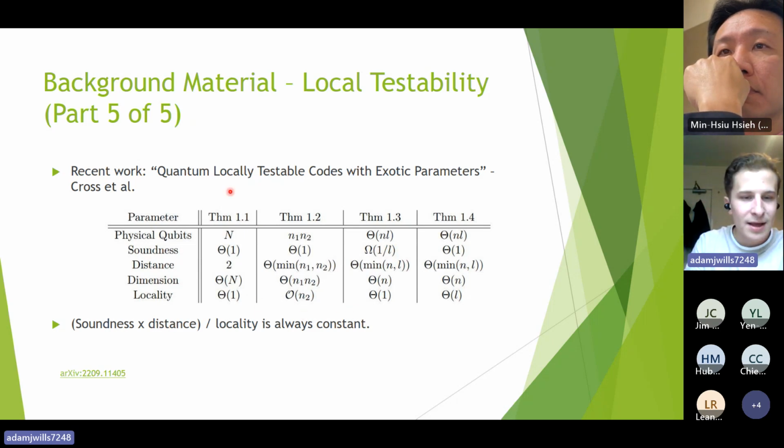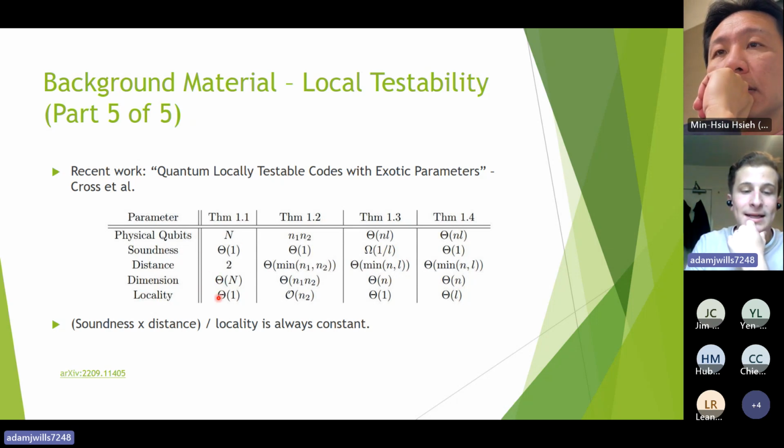And so what do I mean by this? Well, the latter 3 constructions all arise as consequences of their theorem 1.1. They construct their codes in theorem 1.1, which have optimal soundness, optimal dimension, optimal locality, but a constant distance. And then in order to raise the distance, they have to sacrifice either locality in the case of theorems 1.2 and 1.4, or soundness in the case of theorem 1.3.